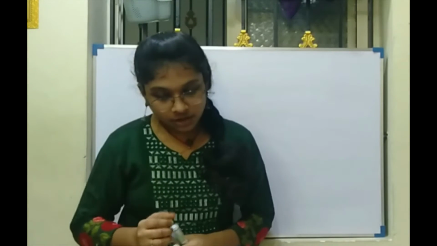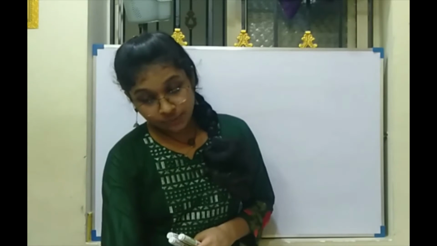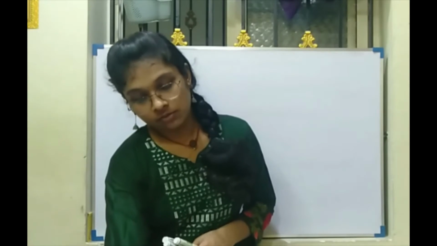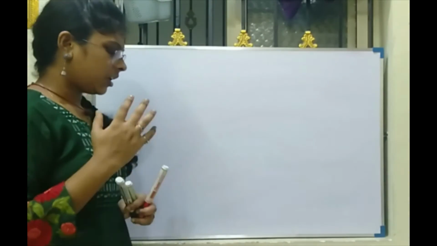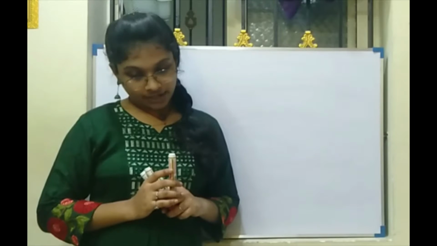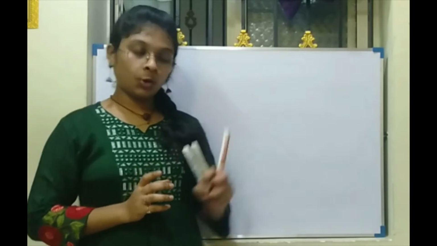Question number 15. For what value of n are the nth terms of two APs 63, 65, 67 and 3, 10, 17 equal? They have given two APs. Now we have to find the value of n for both.